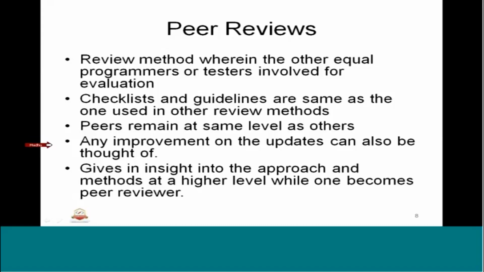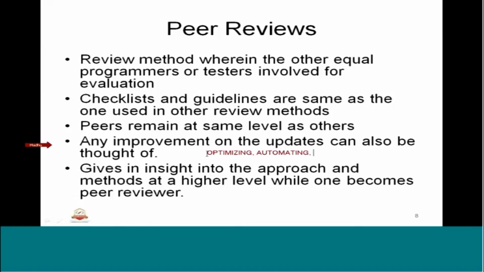Any improvement on the updates can also be thought of. That means it is not just enough to do the peer review, identifying the bugs or errors that the program or the test has, but it is also important to have an improvement in terms of optimizing, automating, and speed.